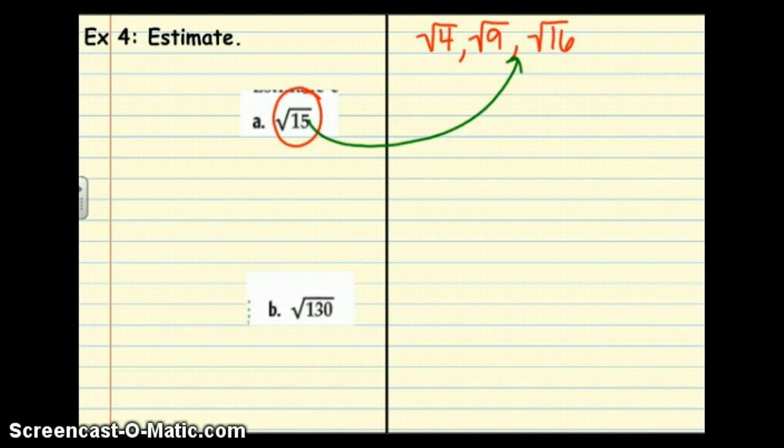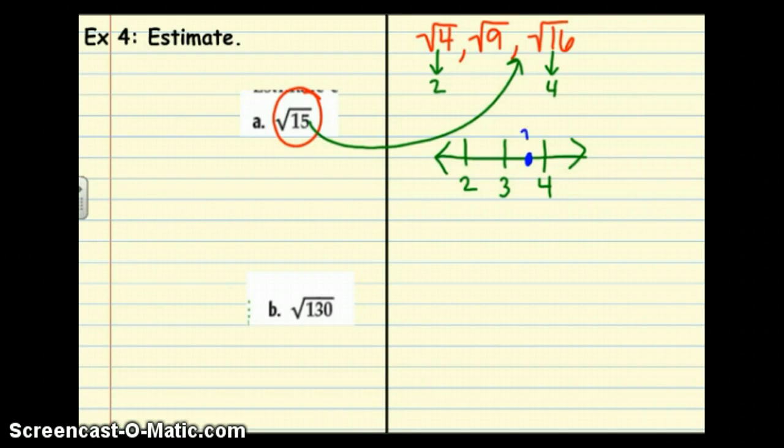So if you like to visualize this, we know that the square root of 16 is 4, and the square root of 4 is 2. And in my head I'm thinking, man, the square root of 15 is a lot closer to the square root of 16 than it is the square root of 4.